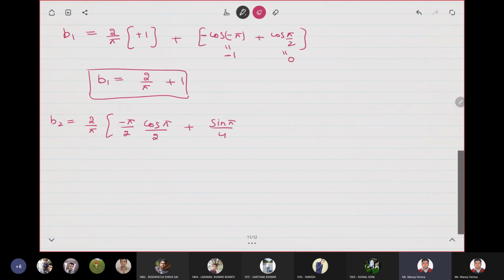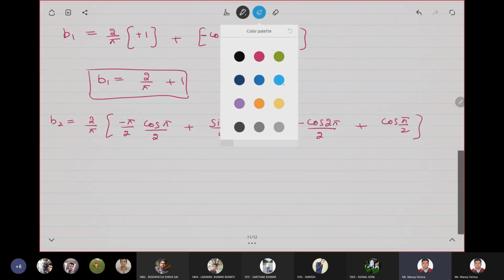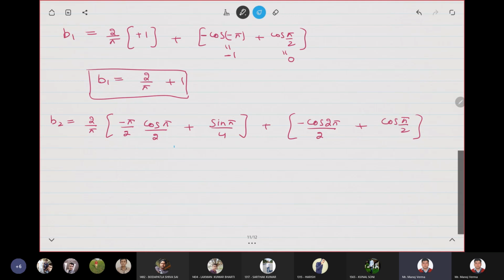n square was there, so n is equal to 2 put in gives 4, plus the second expression will start with cos 2 pi by 2 plus cos pi by 2. And for a particular value of n, you have to solve this. This cos pi will become minus 1, sin pi will become 0, cos 2 pi will become plus 1, and cos pi will become minus 1.